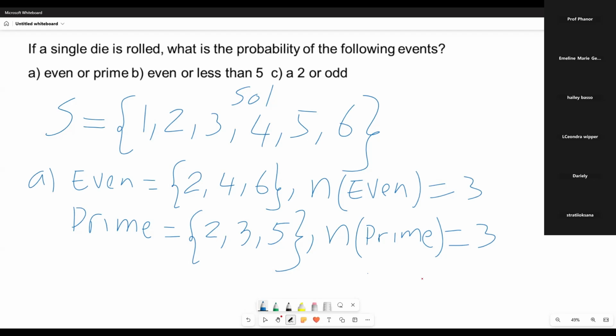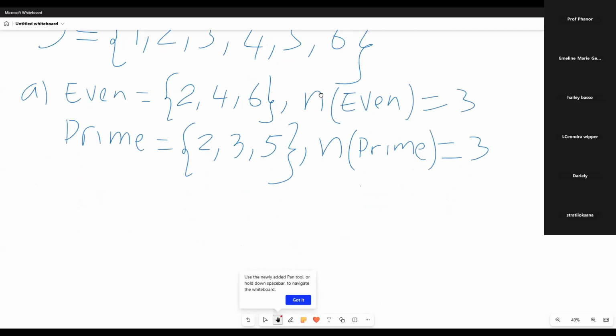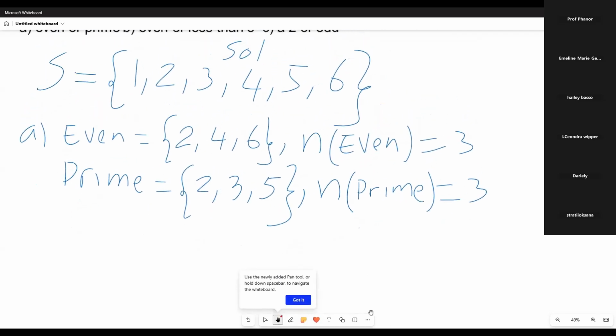Not only look at the outcomes. They both have 2. Yes. So these two events are not mutually exclusive because they have the number 2 in common.